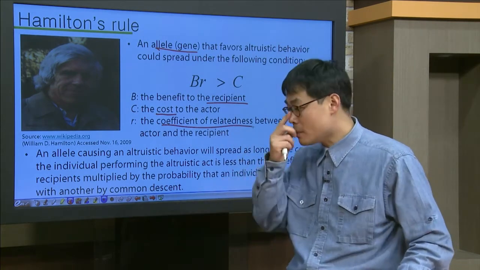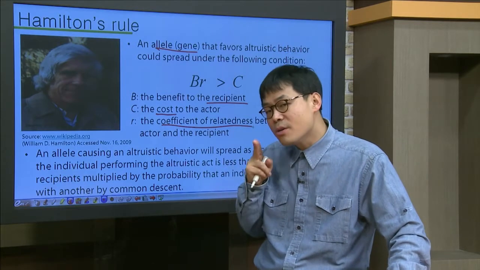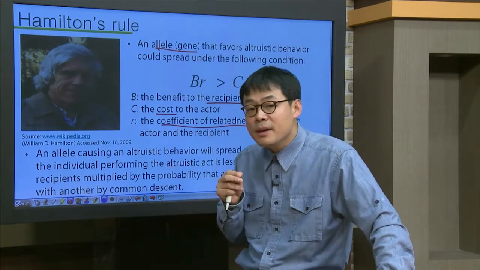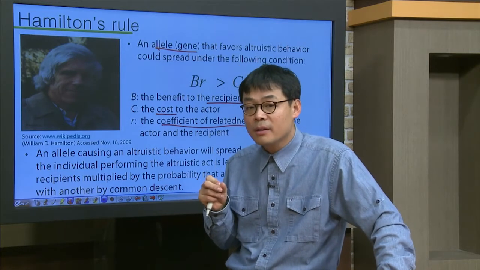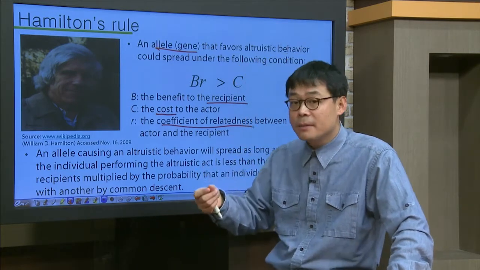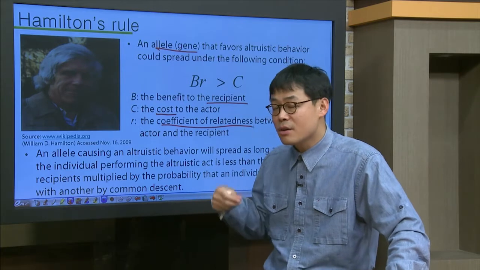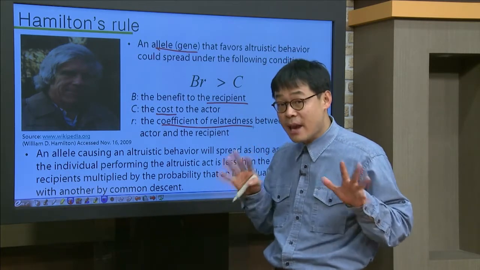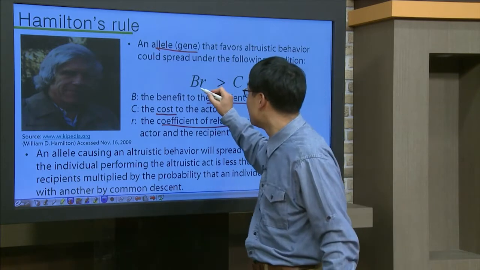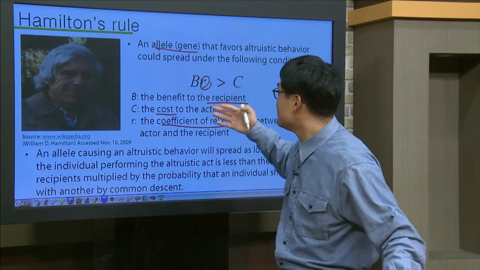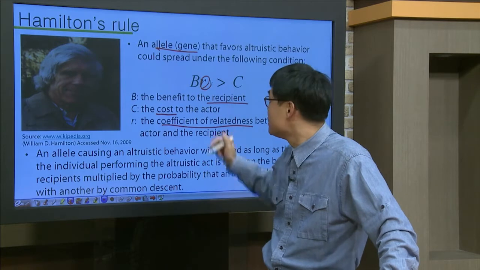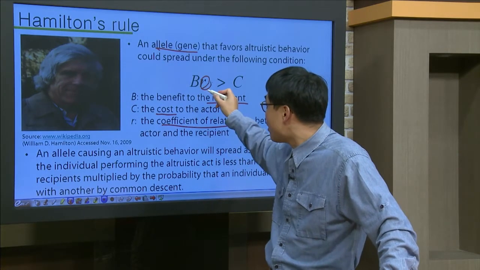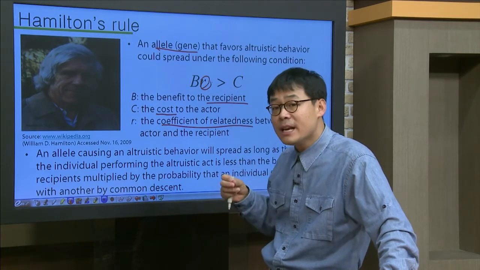Earlier, we learned the cost-benefit analysis, in which a behavior may evolve if the benefit of the behavior is greater than the cost of that behavior. It's basically the same, except for this term, R. The benefit is weighted down by R, which is the coefficient of relatedness.